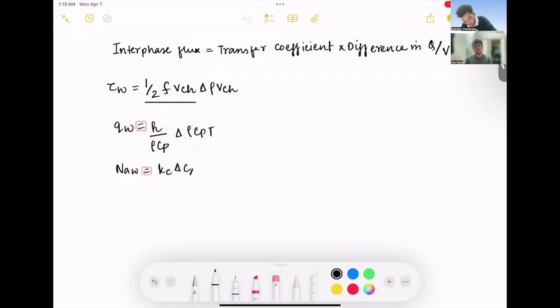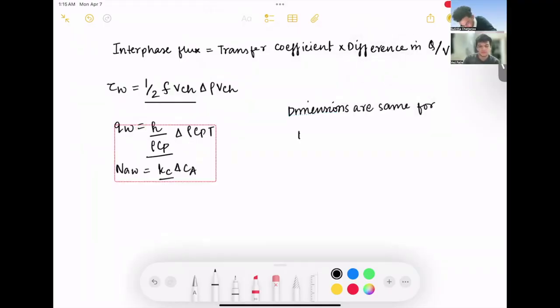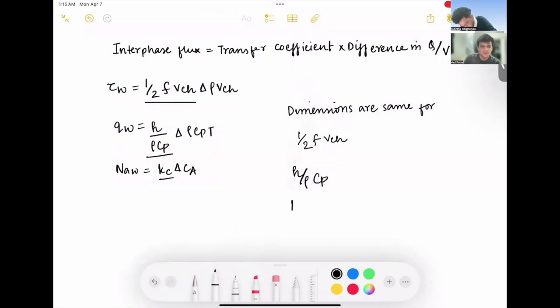The dimensions are the same, so no need to change this equation. Now we will mark these equations as 1, 2 and 3. We can also notice that the dimensions are the same for half rho VCH, h upon rho Cp and Kc.